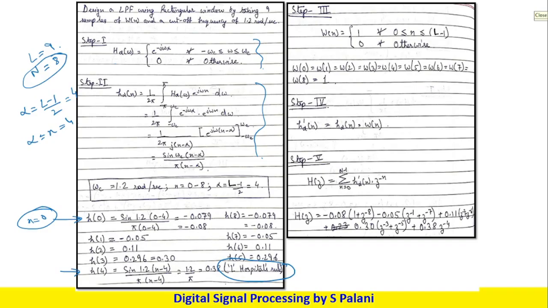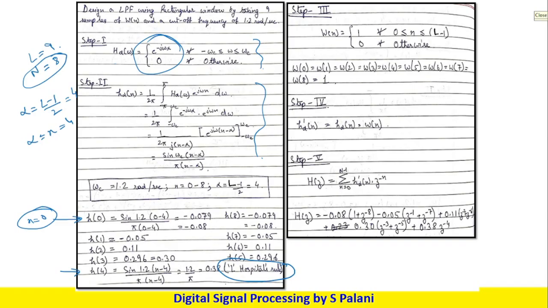We can implement the same thing in the previous example also, but that was the conventional method of designing. But slowly when this window system came, the window is designed in the 0 to N range, capital N. So there was a slight tweaking of the equation just to shift the negative time domain coefficients to the positive time domain coefficients.